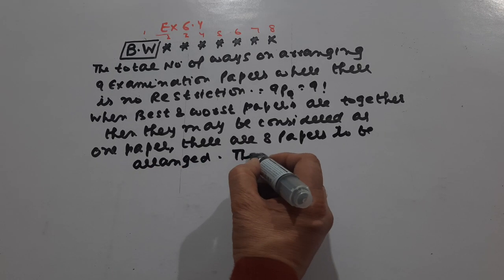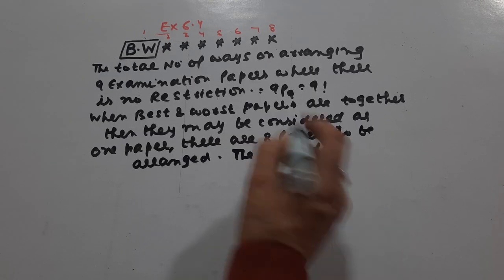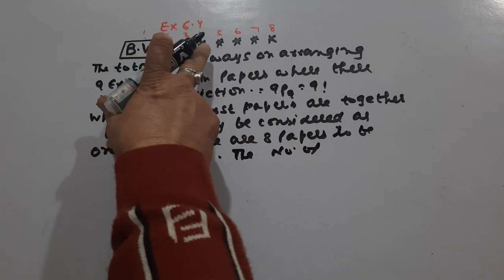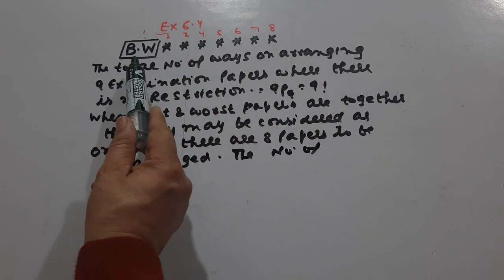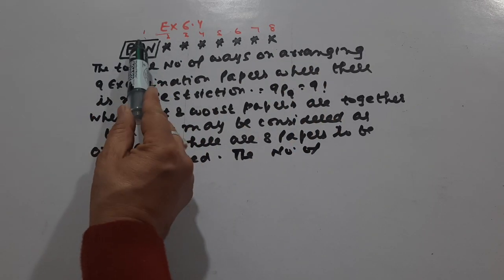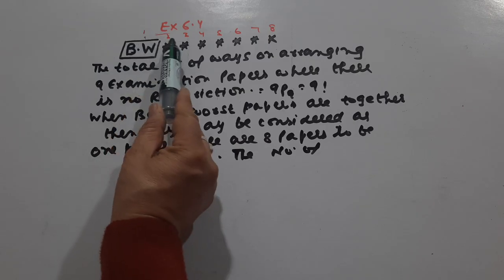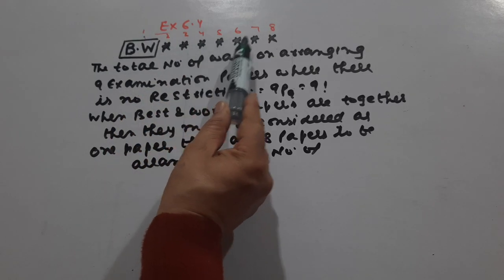So the number of ways: 1, 2, 3, 4, 5, 6, 7, 8. We have 8 papers when we take best and worst as 1.